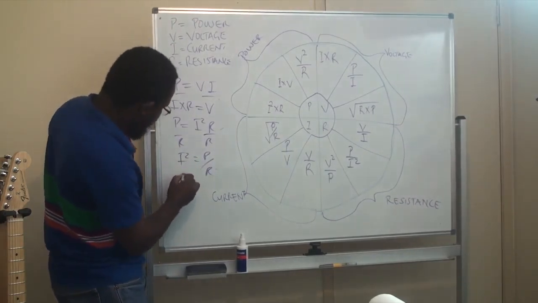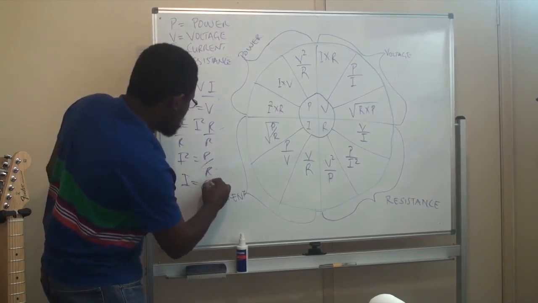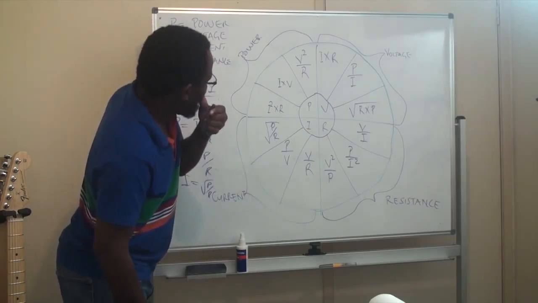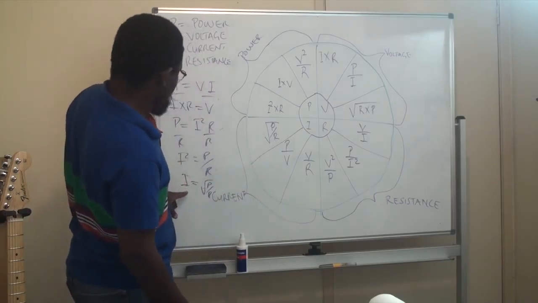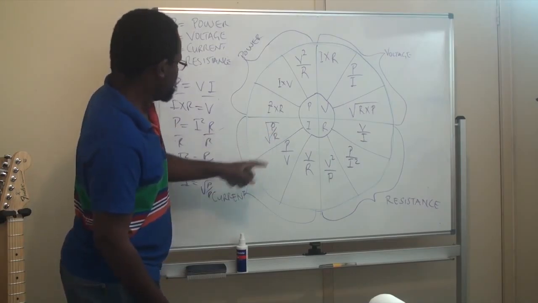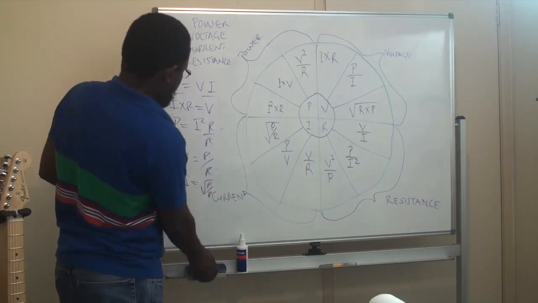The square root of I squared is I, and then the square root of P over R. Now we get I is equal to the square root of P over R.